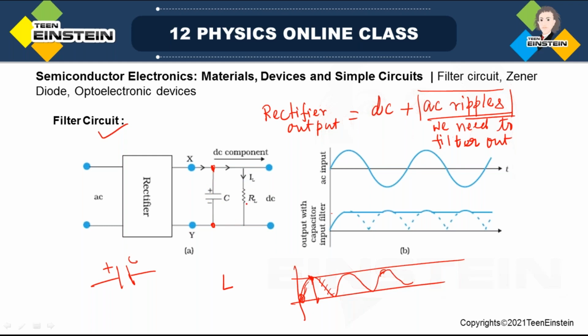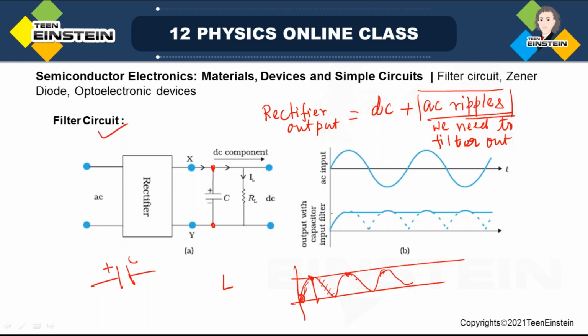The capacitor is getting discharged through RL, so that you get a constant voltage. Then when the next cycle is starting, see again it is charged up to the peak value.